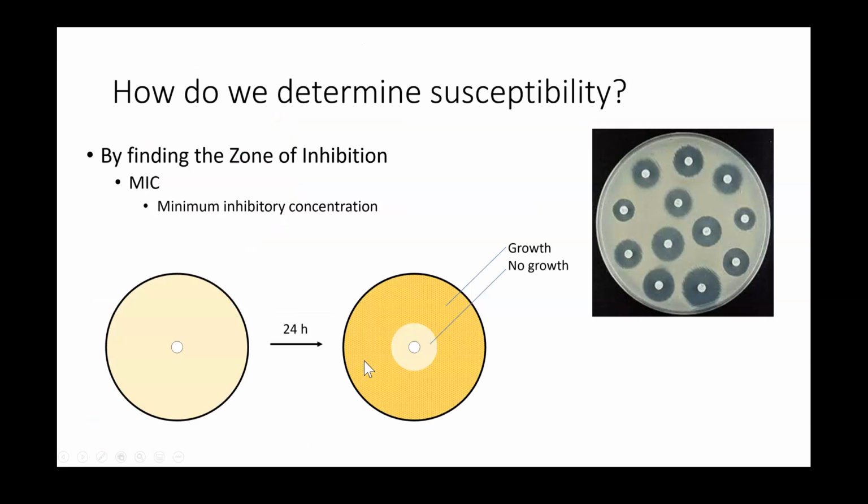Okay, I also want to point out that even though I'm showing you one disc, the advantage to a Mueller-Hinton agar is that we can do lots and lots of discs on the same plate. And so this plate is actually a really big plate. The agar plates that we were using in our lab were maybe about 3 inches in diameter.